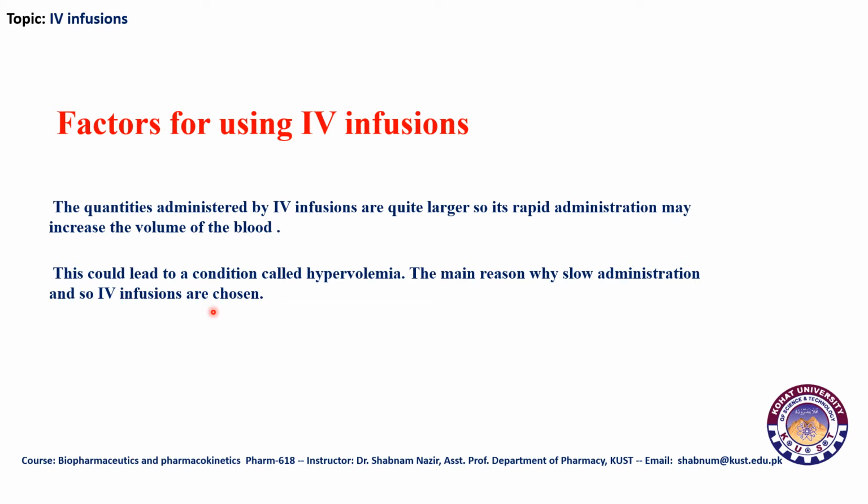It would cause hypervolemia and the patient's condition could get worsened. The main impact of the hypervolemia would be on the arteries, veins, and on the heart, and it would not be manageable for the patient's heart to handle so much volume entering the body all at once and so immediately.